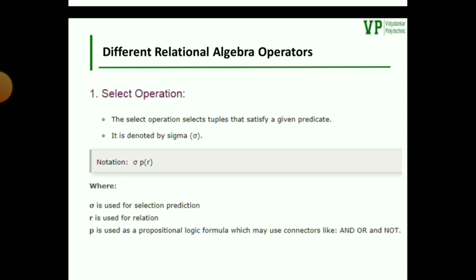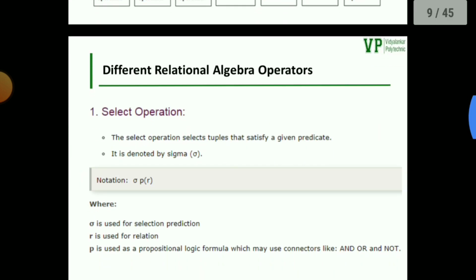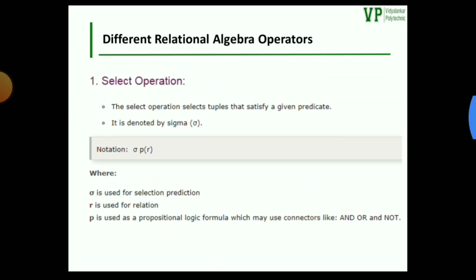It is denoted by sigma. Notation: sigma p r. Sigma is used for selection predicate, R is used for relation, P is used as a propositional logic formula which may use operators like and, or, and not. Okay.